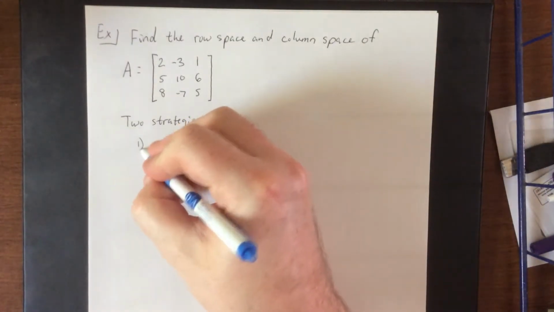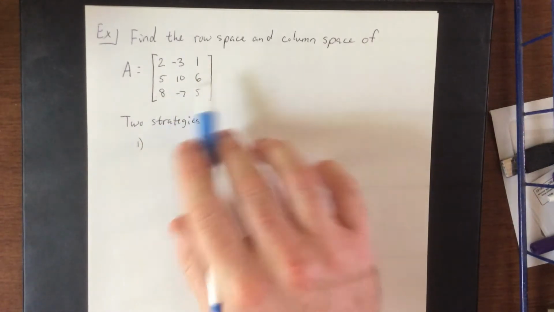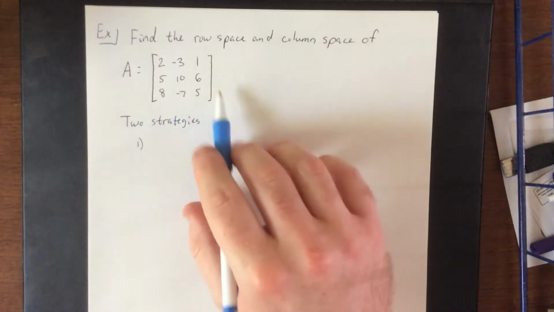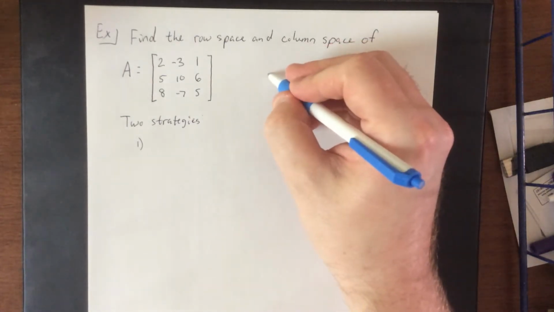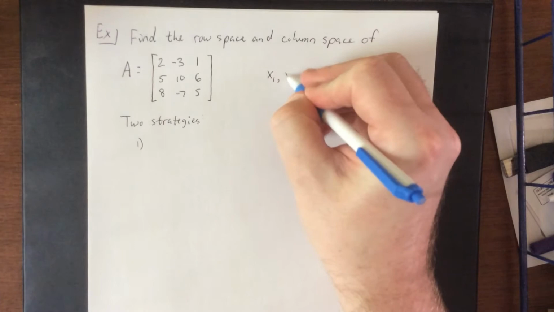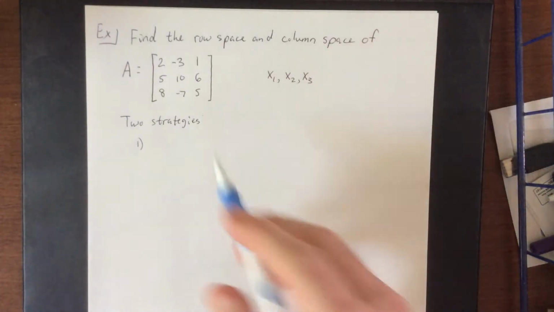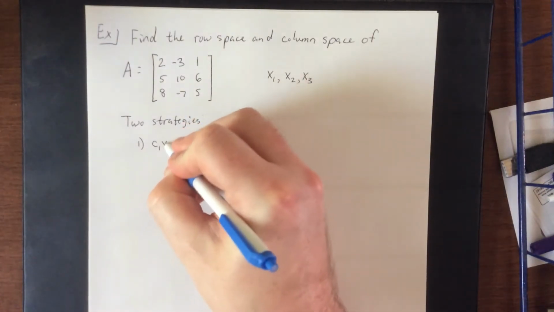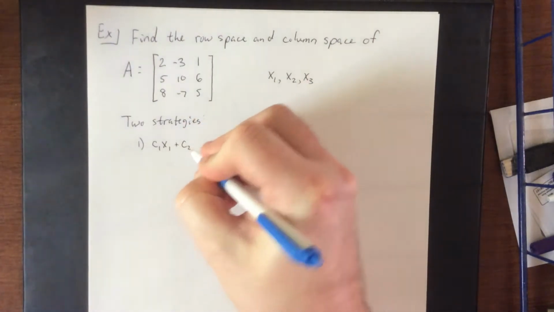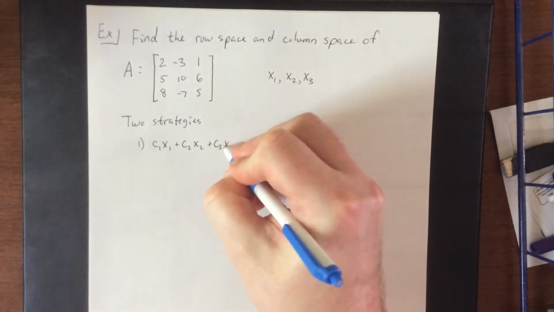So in the first case, what we do is we break down the matrix A into either row matrices or column matrices for the row space and the column space respectively. If we were to refer to those rows, or those three columns, as x1, x2, and x3, what we could do is set up c1x1 plus c2x2 plus c3x3.